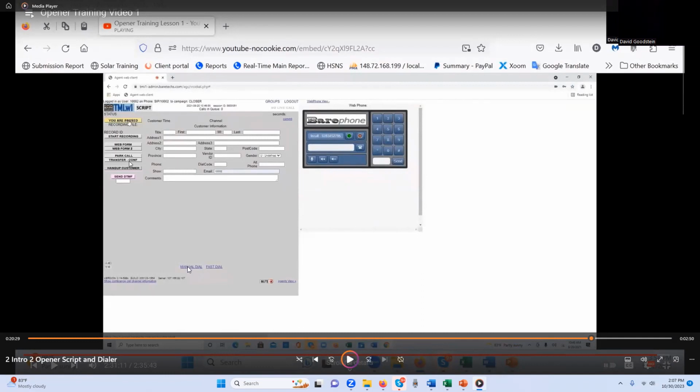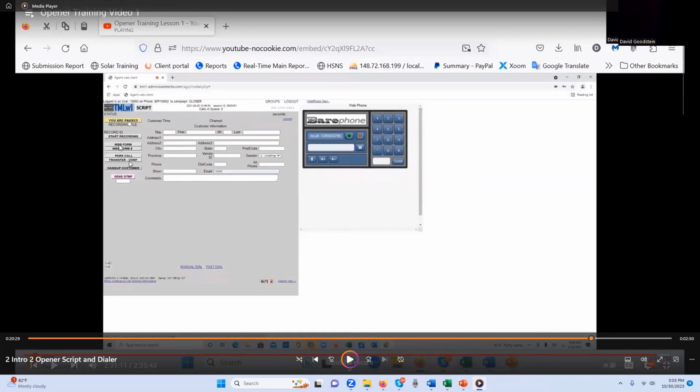And then you're going to hit manual dial. And it's going to give you an option to put in the number. I just want you to copy and paste the number in and hit dial, and it'll dial that number for you. All right, let's get into the web form.